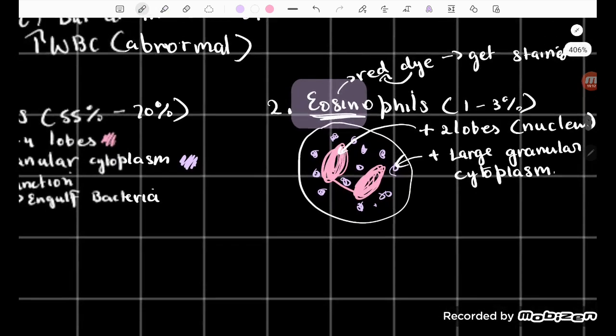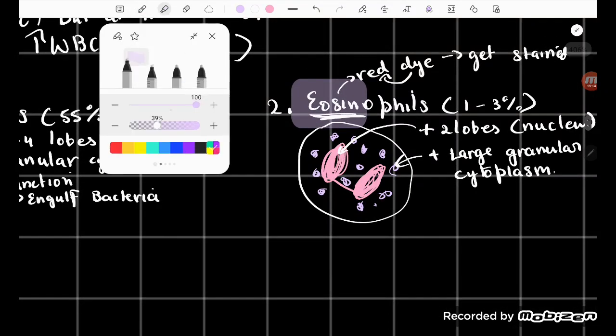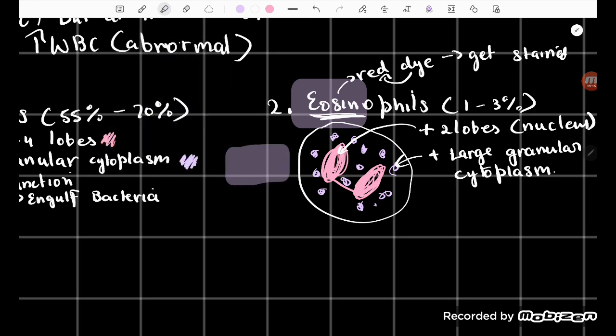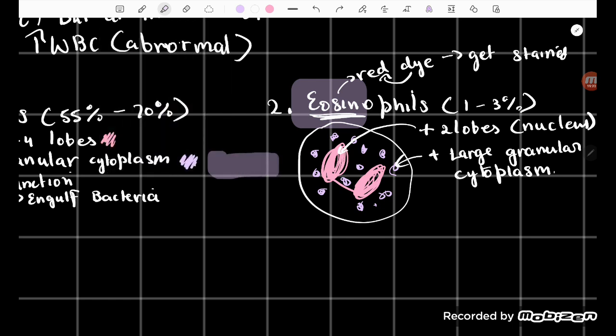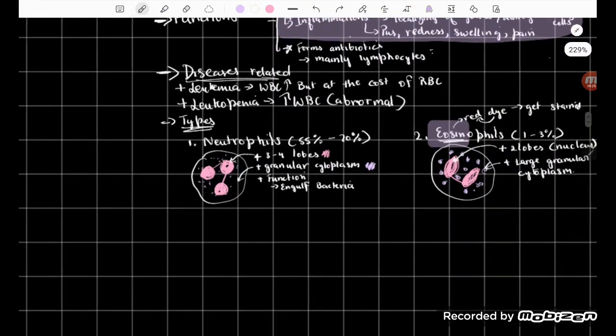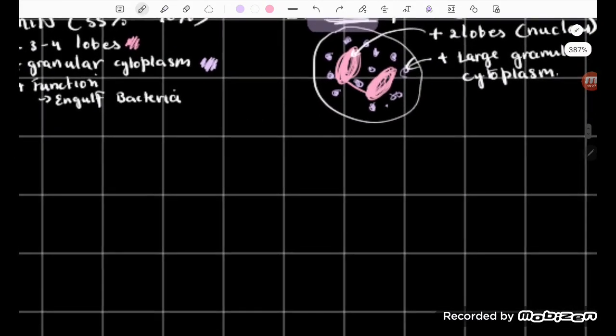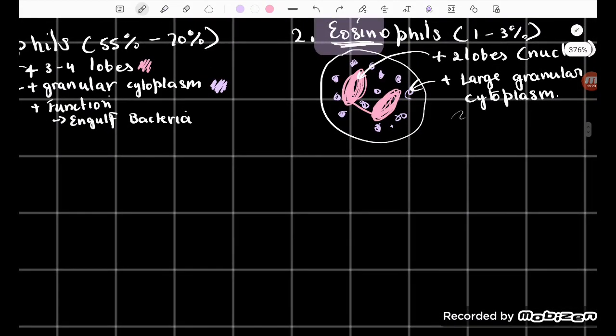Okay, eosin is a dye, and hence its name, eosinophils. Its function here is to engulf bacteria.